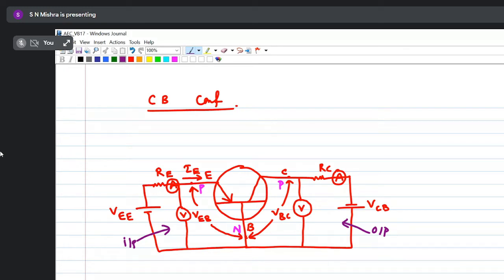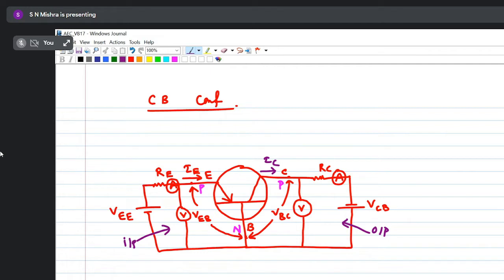That will give you one characteristic. Similarly, on the output side, if I take the voltage VCB, and you change the collector base voltage, then what is the effect on output current? So what is my output current here? This is your IC. Okay, so that again gives you another plot, which is called output characteristics.